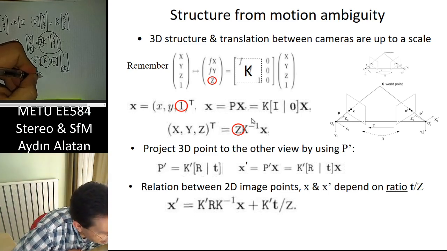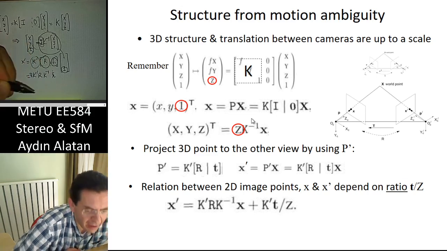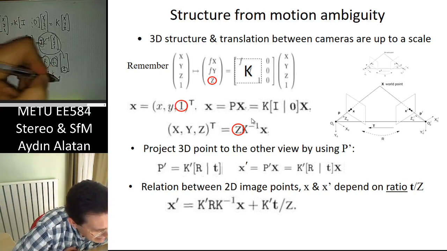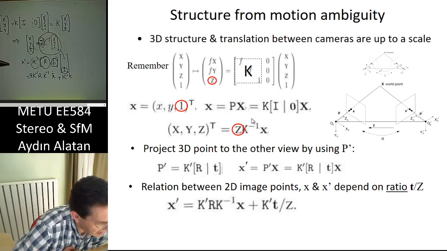K prime R, then here Z is a scalar, I write it here. Then I write K inverse, and I obtain nothing but my small x. This is my small x, and then plus K prime T. I obtain this thing.